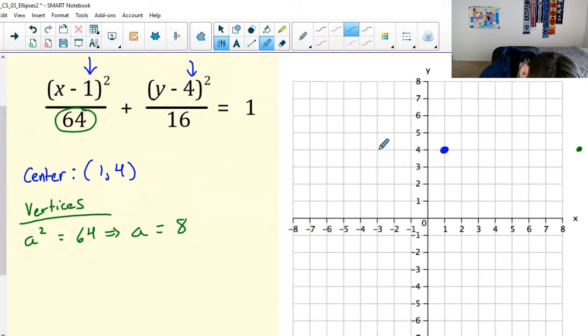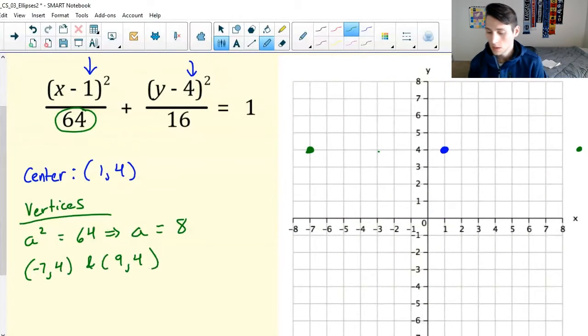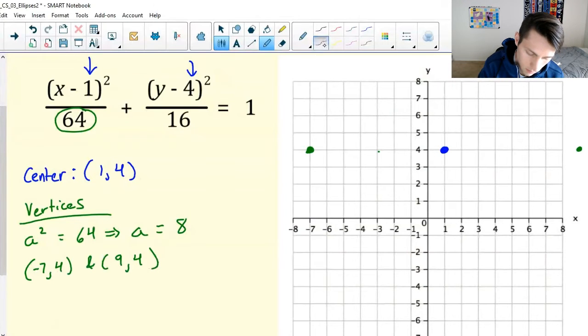And 1, 2, 3, 4, 5, 6, 7, 8 to the left 8 as well. So my points are (-7, 4) and (9, 4). Those are the vertices.